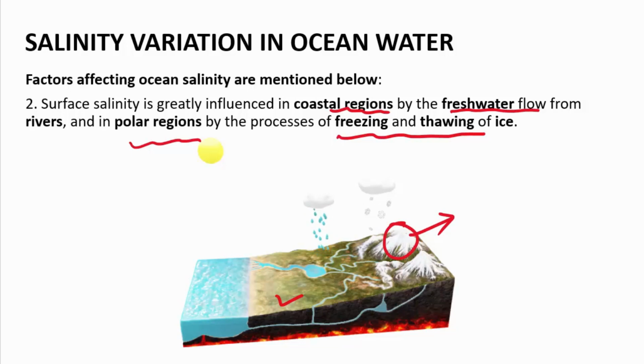When these fresh waters are added, for example when rivers drop water into the ocean, or when ice melts inside the ocean, then of course there is a change in concentration and a change in the salinity of the water there. So this is how this factor is responsible for the variation in salinity.